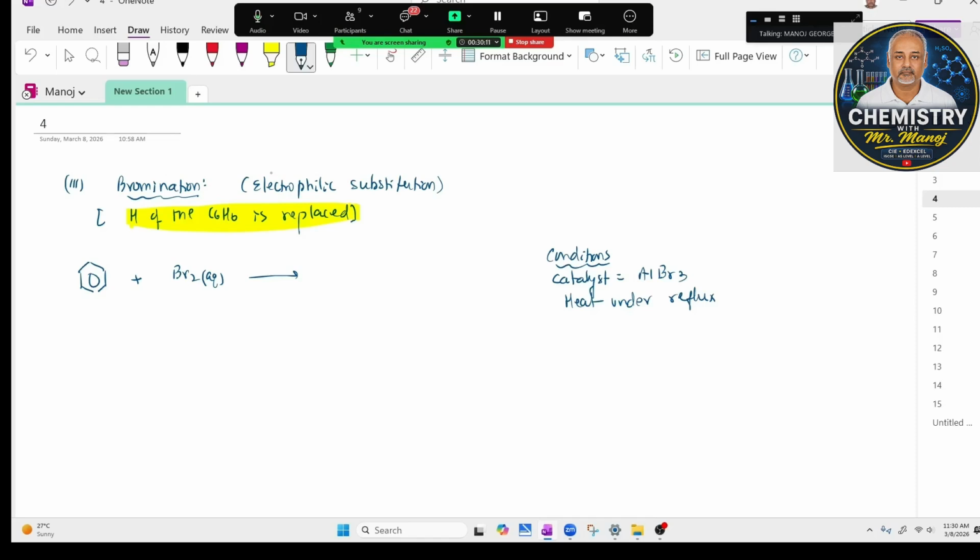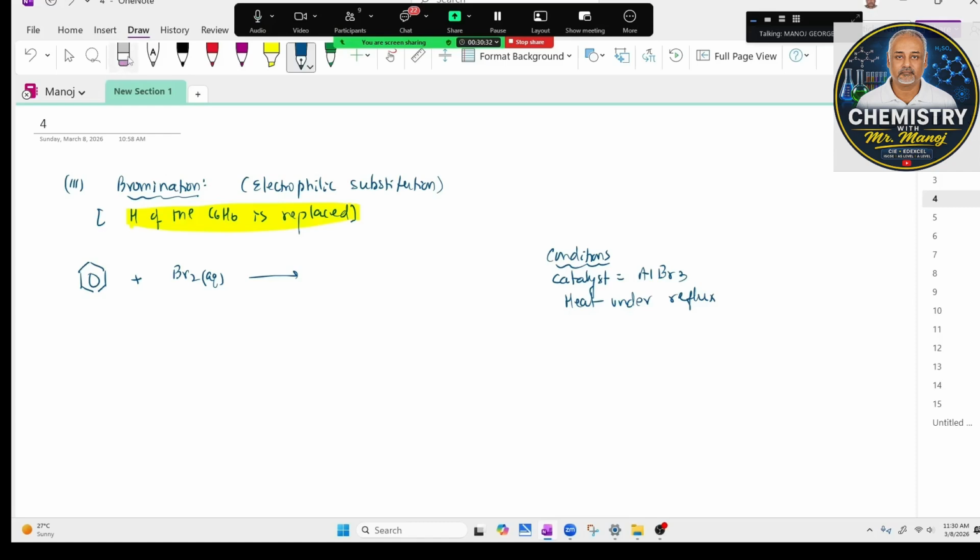That's why we heat under reflux. Go online and have a quick look at what it actually looks like. It's almost like a volumetric flask kind of shape. We just carry out this heating in a closed container, but not one which is going to allow a lot of vapor pressure to be built up.